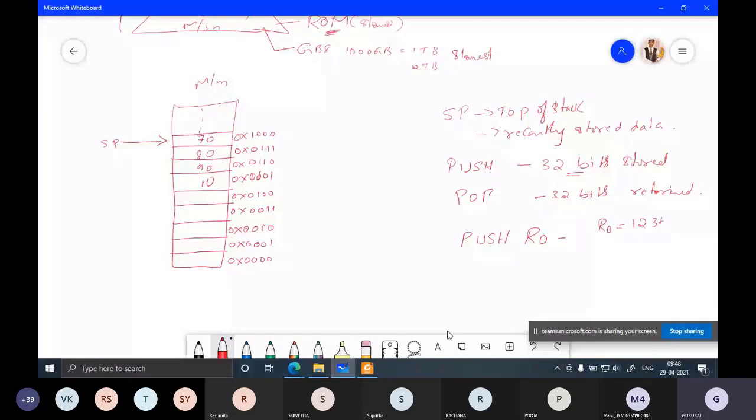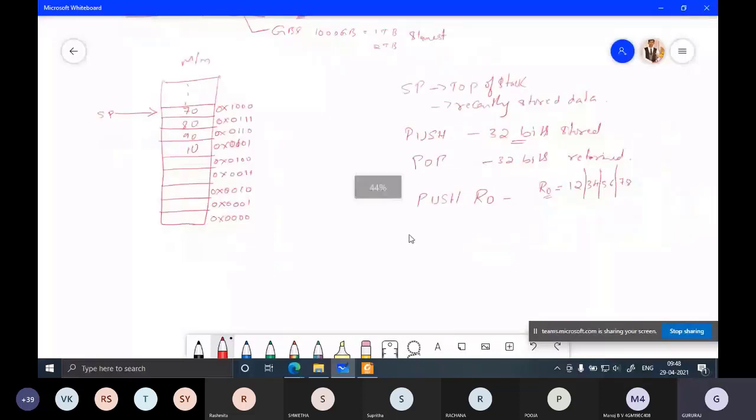Since R0 is a 32-bit register, it will have 32 bits of data. Whatever I have written is in hexadecimal. So 7, 8 is 8 bits, 5, 6 is 8 bits, 3, 4 is 8 bits, and 1, 2 is 8 bits. So totally 32 bits. I hope you know how to represent data in hexadecimal.